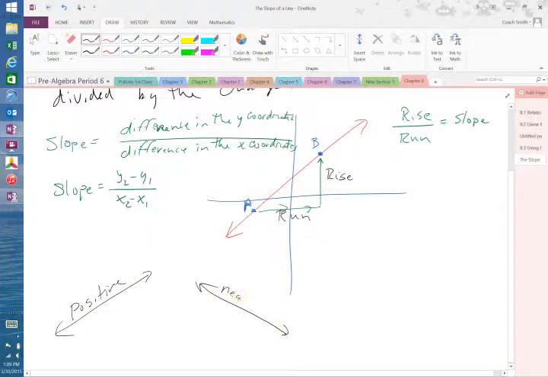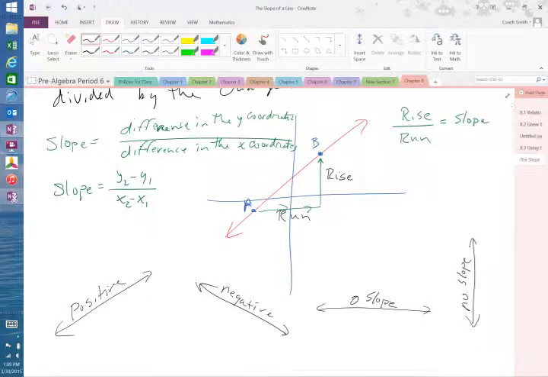This is negative slope. This is zero slope. And this is no slope. A vertical line has no slope.